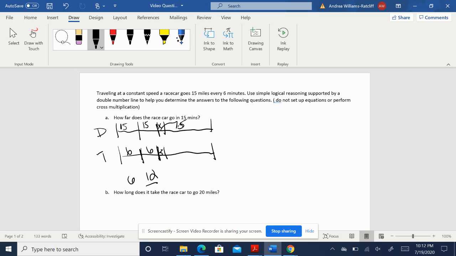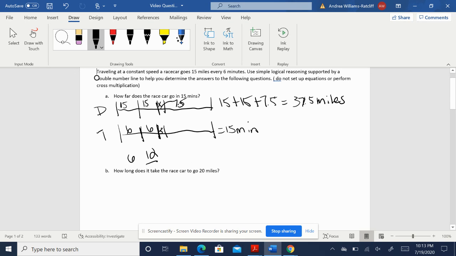So in a total of 15 minutes, I've traveled 15 plus 15 plus 7.5, which is 37 and a half miles.